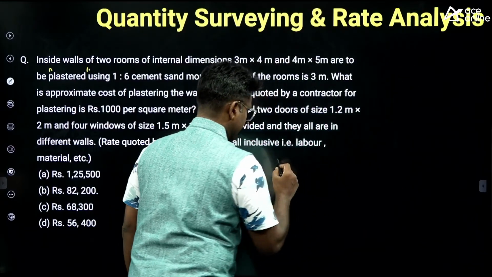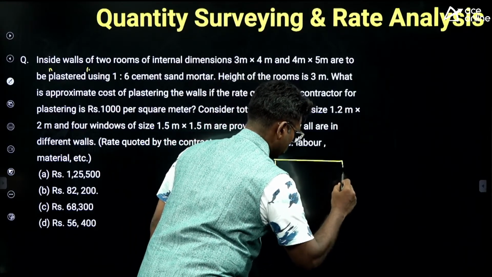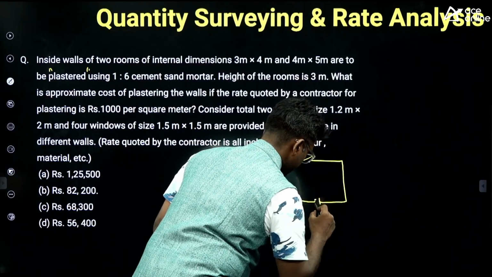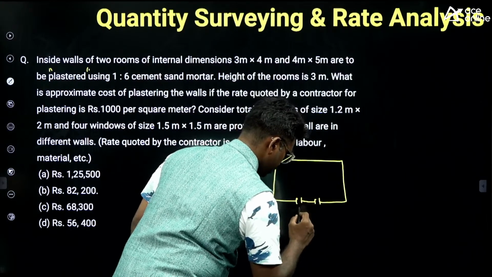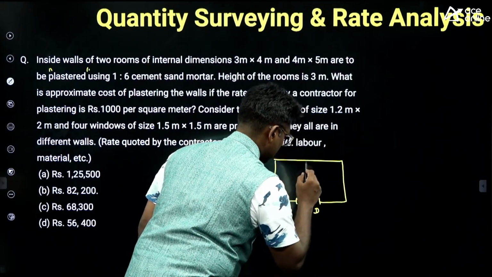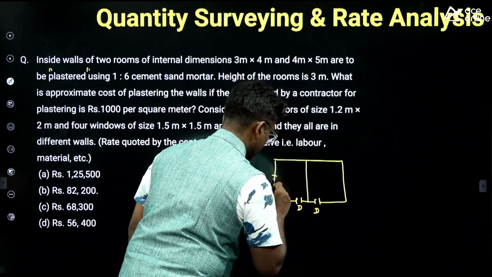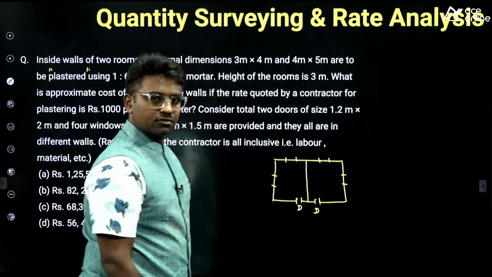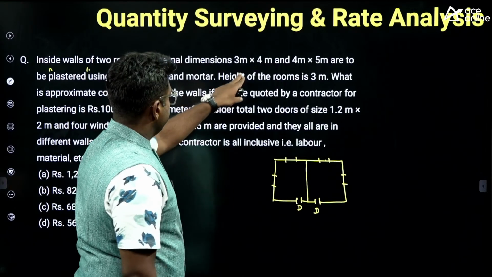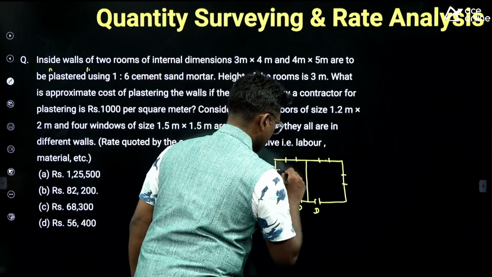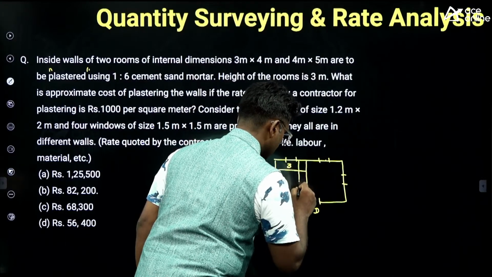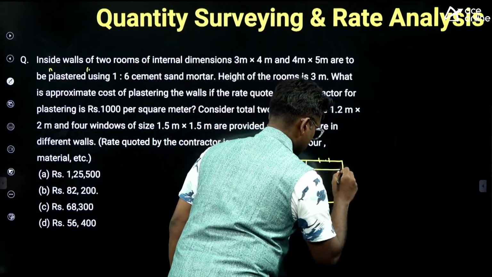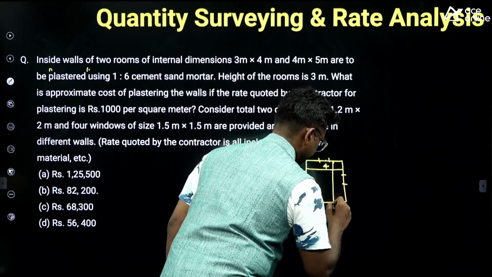So nothing but, if we consider like this, 2 rooms, right? We are considering 2 rooms. He told 2 doors, right? He told 2 doors, 2 rooms, and 4 windows. 1, 2, 3, and 4. Right? Over here, he has given internal dimensions itself 3 by 4, this is 3 and this is 4. The other one 4 by 5. This is 4, and this is 5.